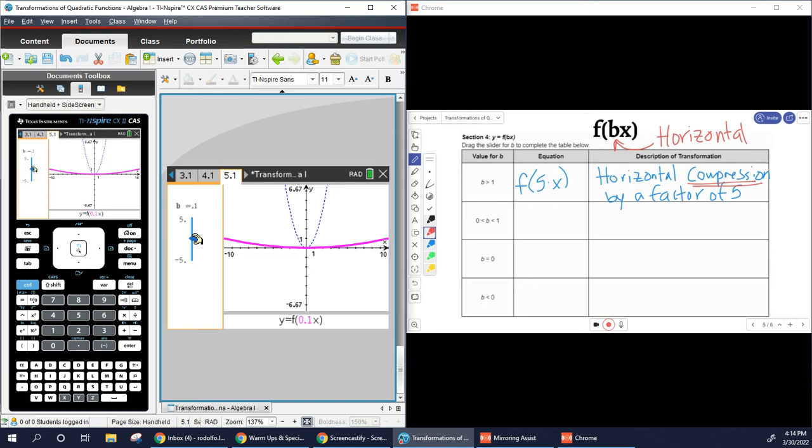Your hands are horizontally stretching now because they're going further apart. A vertical compression happens when your hands are squeezing together vertically. Your hands are closer together. Look at one hand and look at the other. They're coming together. Here, as you stretch horizontally, your hands are going wider apart. We call this a horizontal stretch.